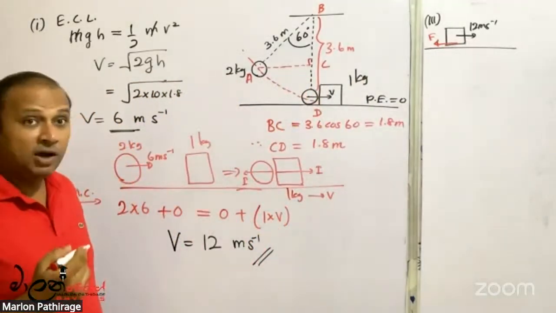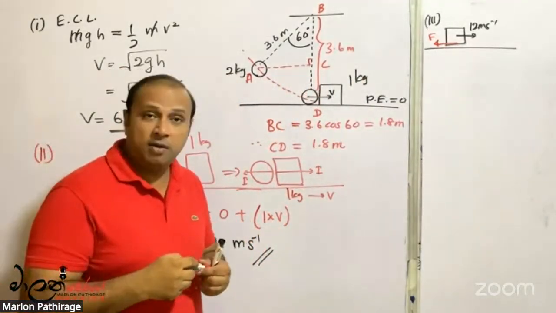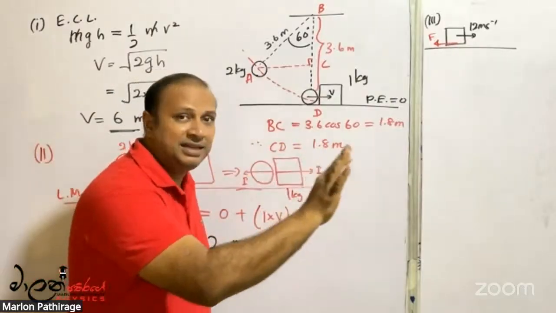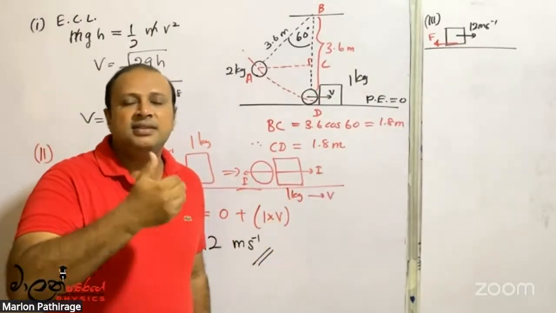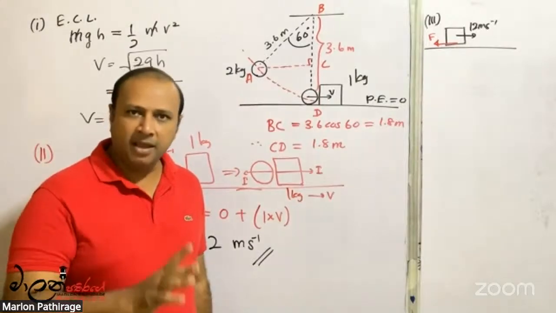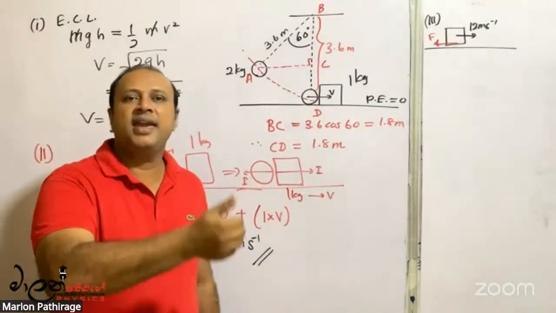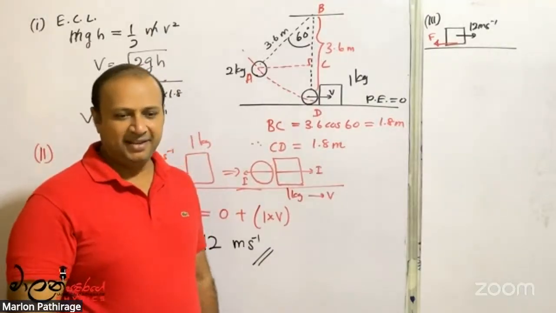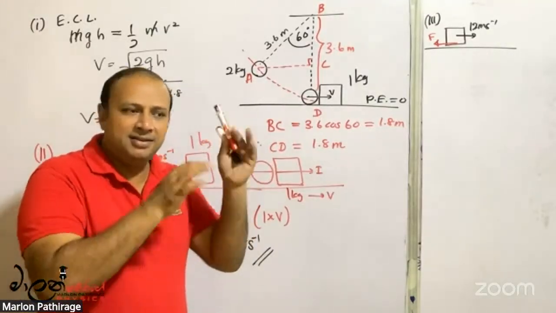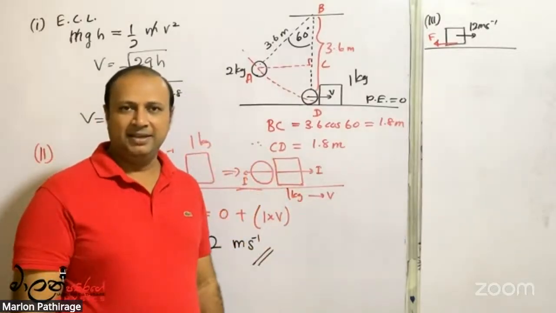Now this object will move to the right-hand side against this friction force. Therefore, it has to do work against the friction force, so its kinetic energy decreases continuously.